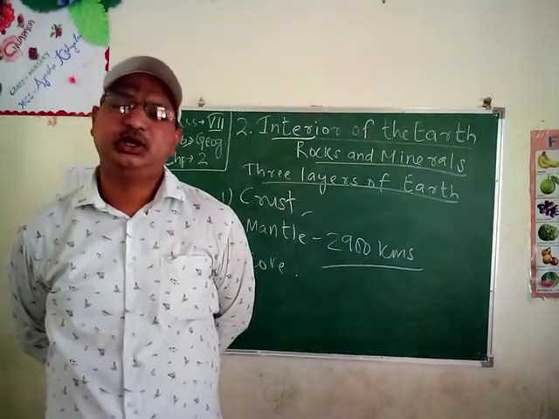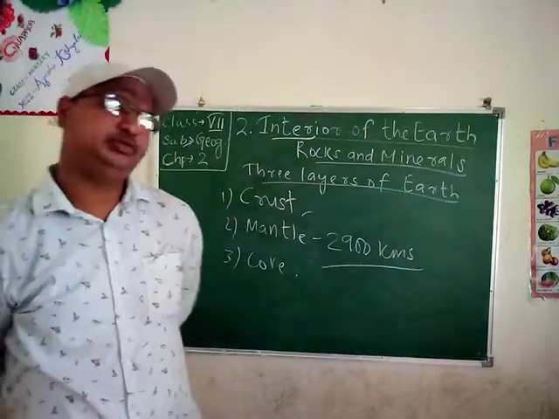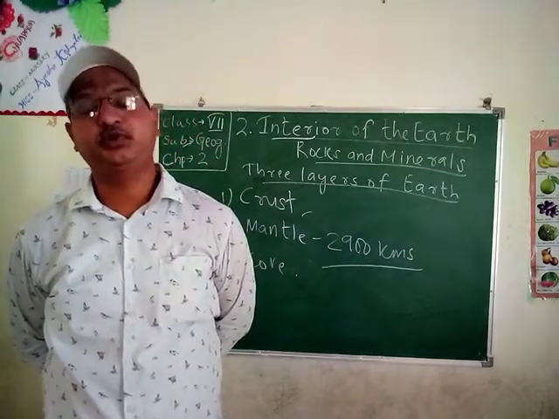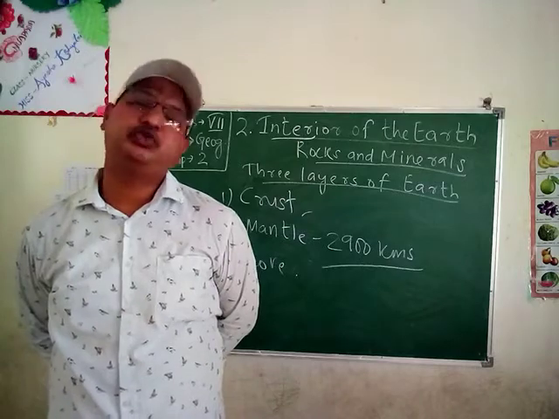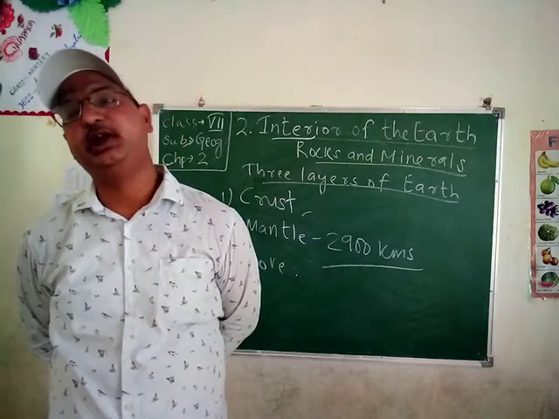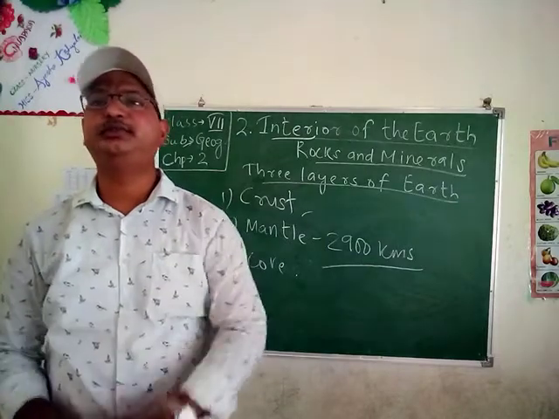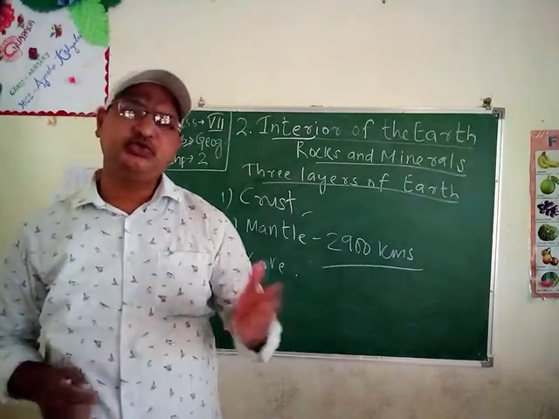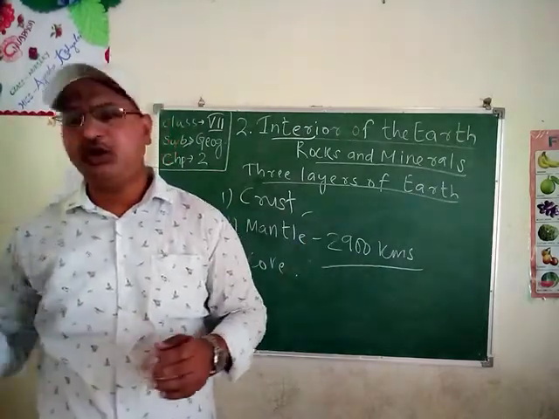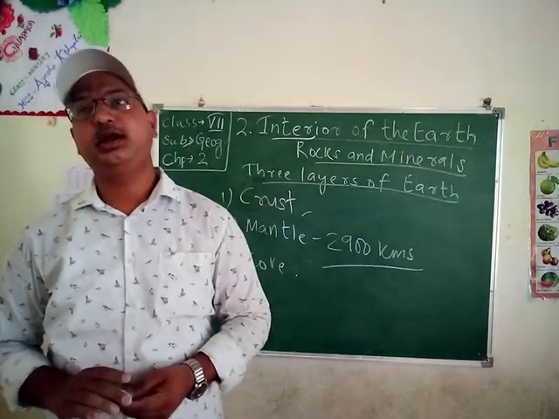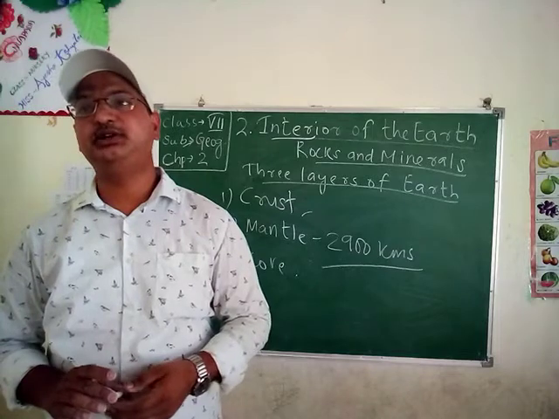Then students, in the chapter environment, it was divided into two parts. In the previous chapter we have already studied the natural environment and the biological environment. Natural environment means the natural things which we see all around us. And what is the biological environment?